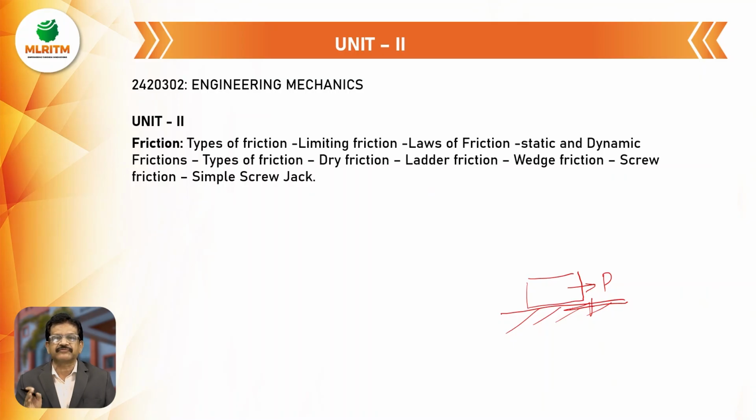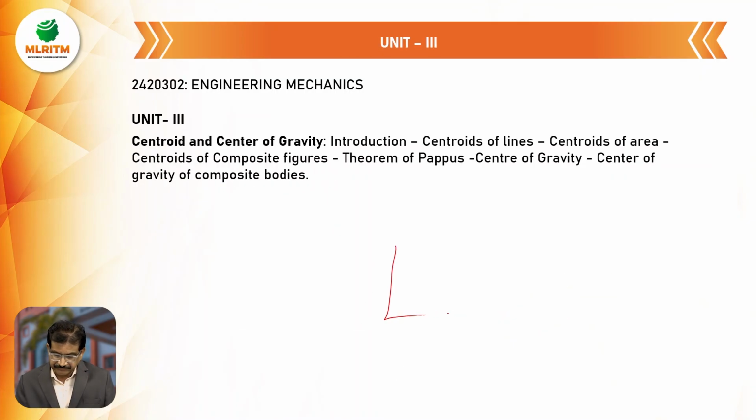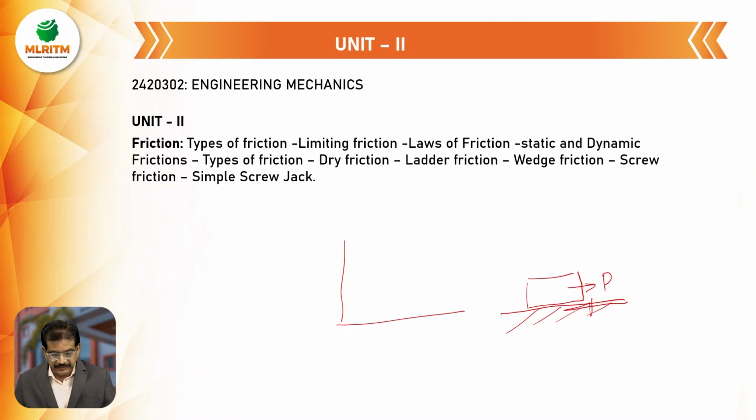Ladder friction means here we have to find the friction between the surface and the ladder. Now this is a surface and this is a ladder. We have to find the friction between the ladder and the surface. So this is about friction.